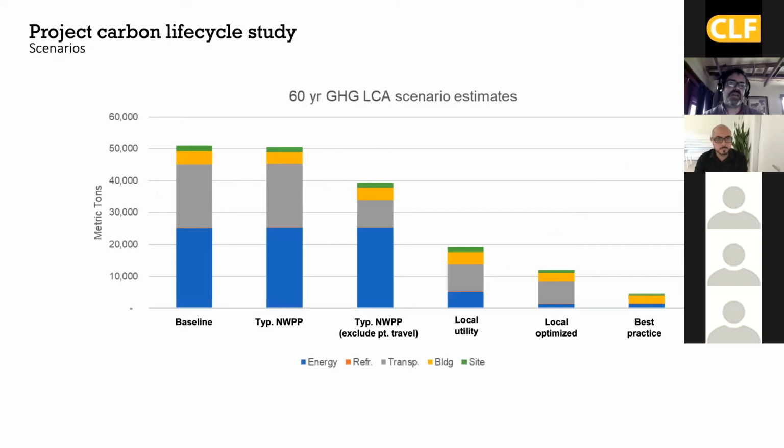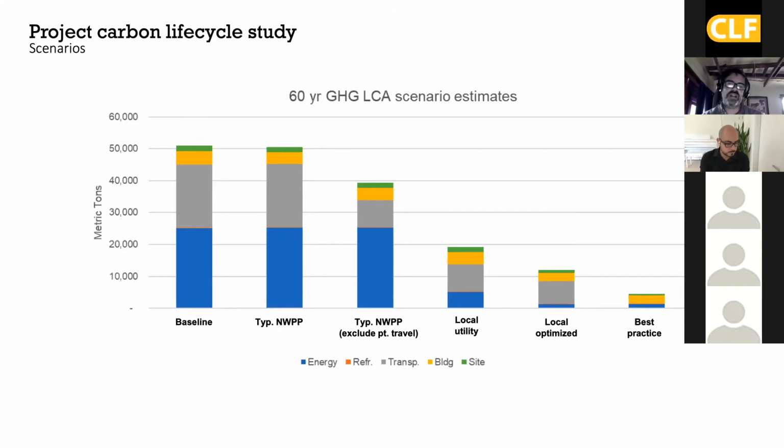So it mapped out a couple different scenarios, a baseline or a typical Northwest grid, and then started to look at different scenarios to reduce that. One, whether or not we're going to take responsibility for the patient travel. I'd argue that it's part of the selection criteria of a MOB, but also recognizing we need to have MOBs that are accessible to everyone, and some places are just going to be a little bit more auto-dominated, like this location.